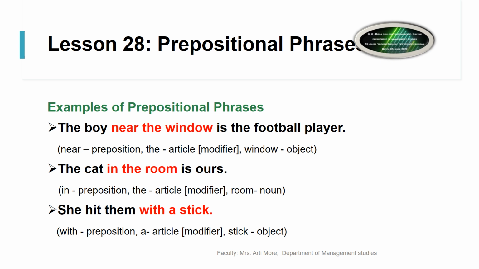In is the preposition, the again the article which is a modifier, and room is a noun. In the room is a prepositional phrase. She hit them with a stick. With is a preposition, a is an article, that is a modifier, and stick is an object. So, with a stick is a prepositional phrase.